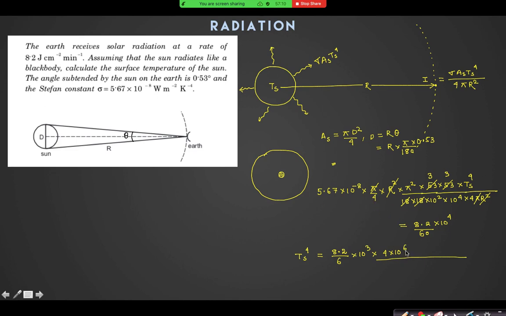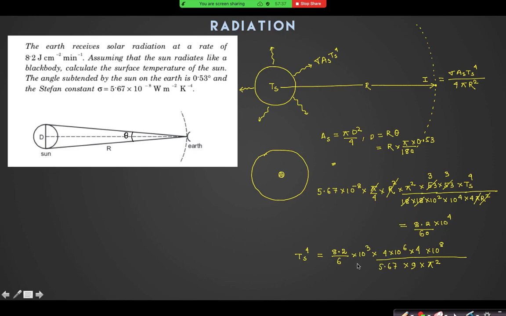Achha, there is one 4 that will also come here, right, and divided by 5.67 into 10 power 8 into 9 pi square into 9 pi square, right? So look, that is the equation.